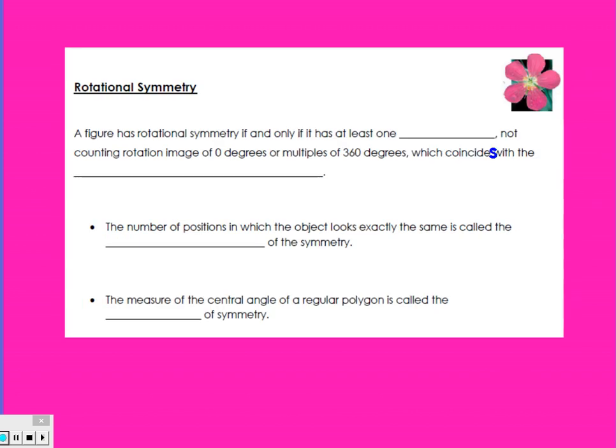All right, moving on. Rotational symmetry. A figure has rotational symmetry if and only if it has at least one rotation, not counting rotation image of 0 degrees or multiples of 360 degrees, which coincides with the pre-image.